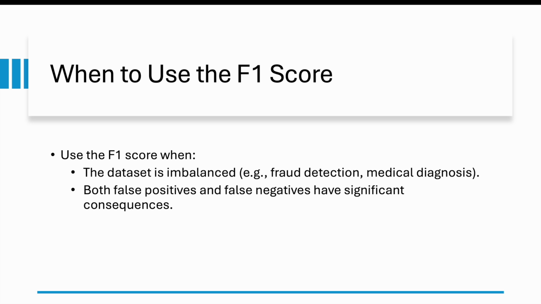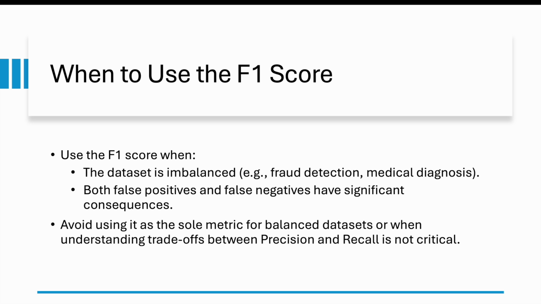Whenever your model is failing, in the f1 score we are giving both equal weightage. But if it is a symmetric and balanced data set, where understanding the trade-off between precision and recall is not critical, either it passes or fails, then you can try using accuracy only. So this is when you should use the f1 score.